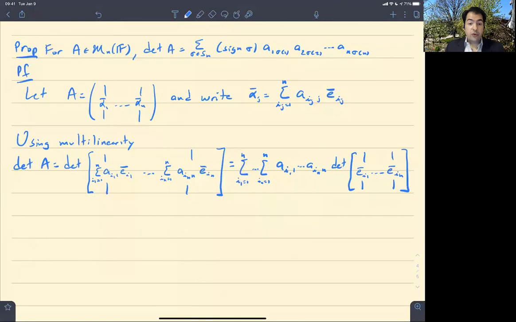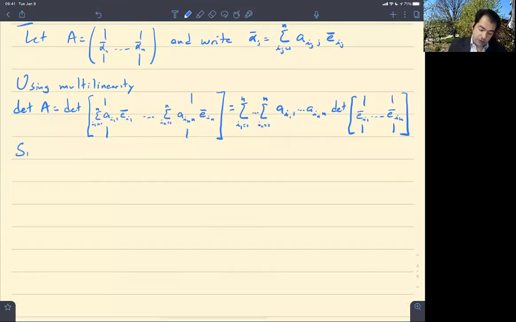Okay, so that's just using multilinearity. We can write the determinant of a matrix as a linear combination of the determinants of matrices where the columns are only elements of the standard basis.